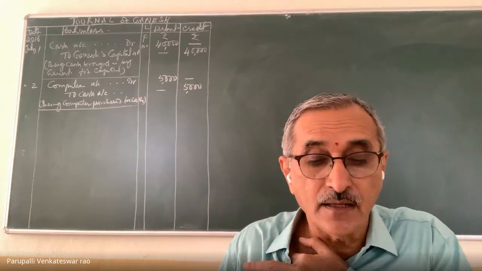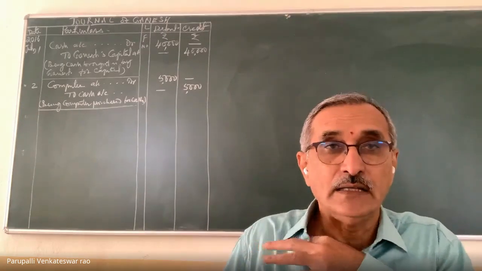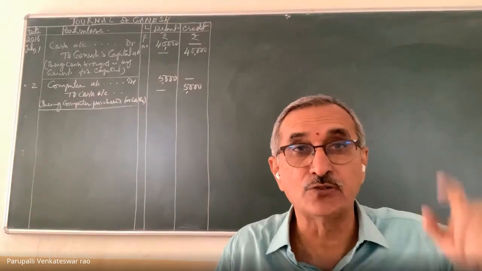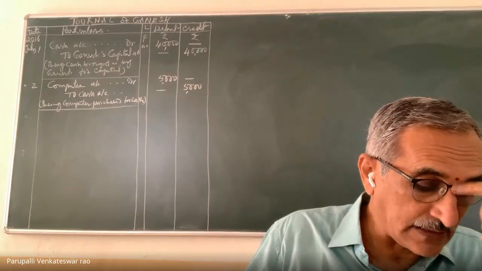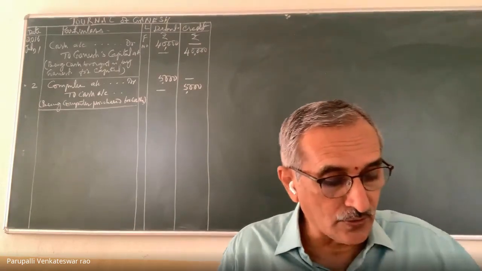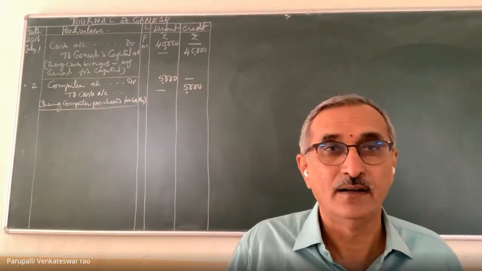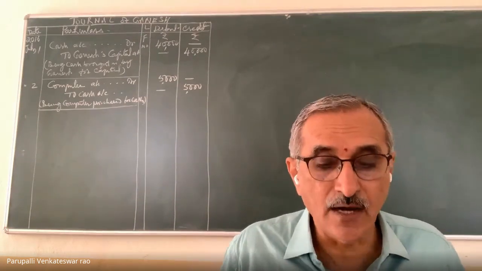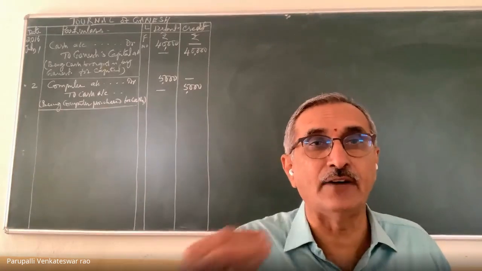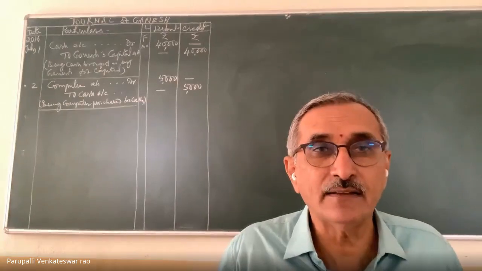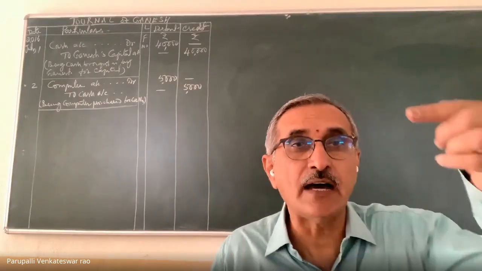Next one, on 27th, goods returned by Ramesh. Remember, we sold goods to Ramesh earlier, 12,000 on 17th of this month. Now 1,000 worth of goods may be defective, he gave them back. Who is giving? Ramesh is the giver. Goods are coming into the business.